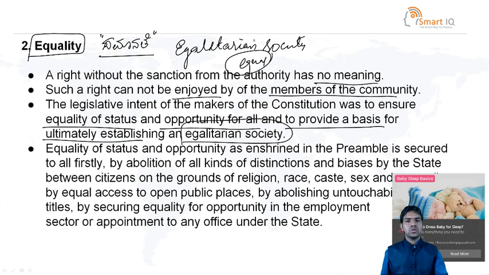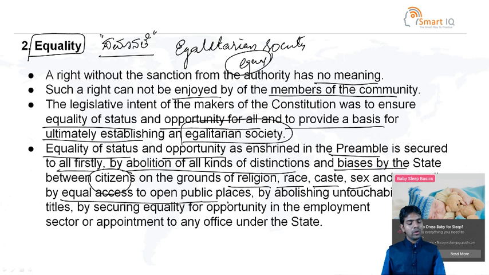All are equal. There is no discrimination. Equality of status and opportunity as enshrined in the preamble is secured to all, firstly, by abolition of all kinds of distinctions and biases by the state between citizens on the grounds of religion, race, caste, sex and place of birth, and by equal access to open public places.